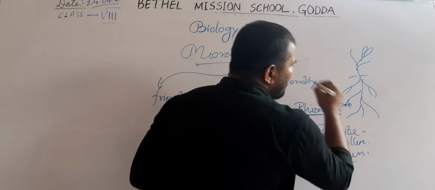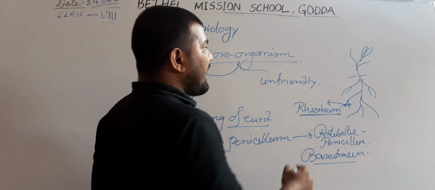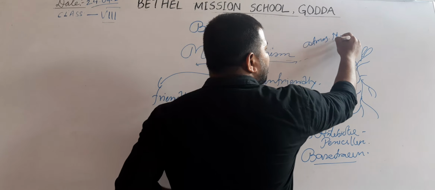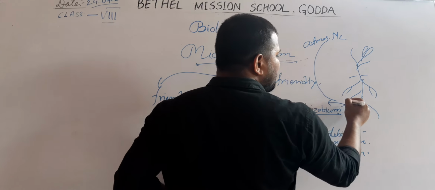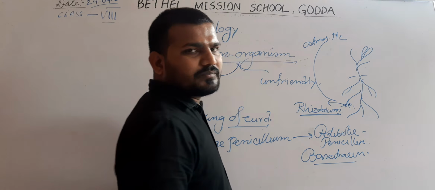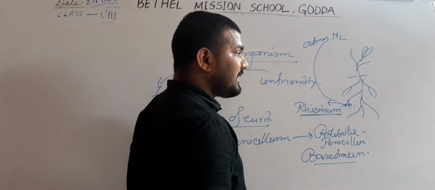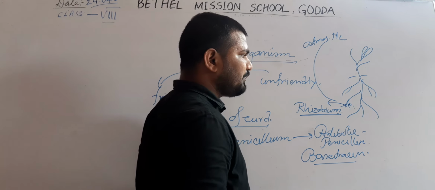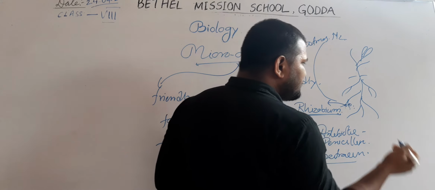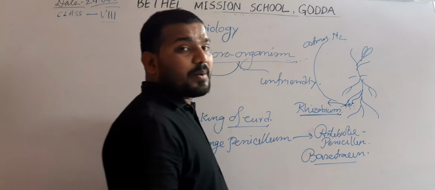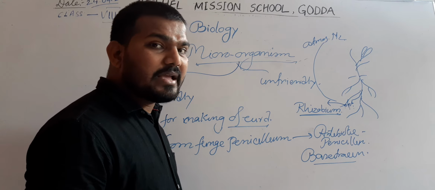This rhizobium can capture atmospheric nitrogen and mix it with the soil. Now the plant absorbs water and minerals from the soil with the help of the root, and in exchange for this nitrogen, the plant provides some amount of food. This type of relationship is termed a symbiotic relationship.